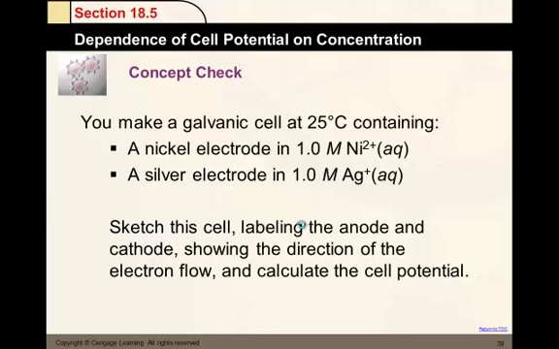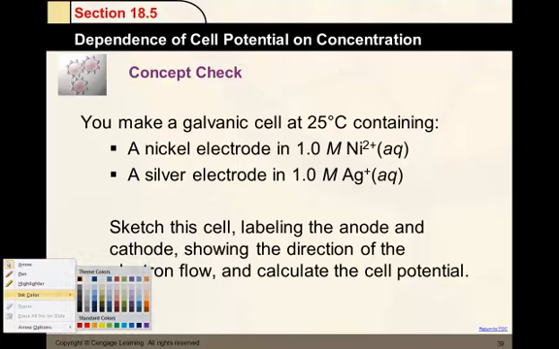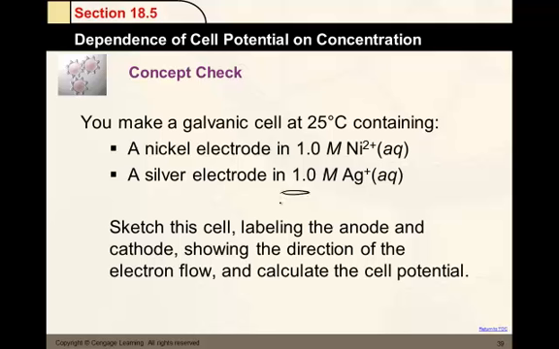Alright, so how would we do it? Well, we have to look up some information. Usually the first thing I would do if I saw something like this is draw my two solutions, and there's my salt bridge. Usually the anode is on the left and the cathode is on the right. I'm going to have a piece of metal in each.